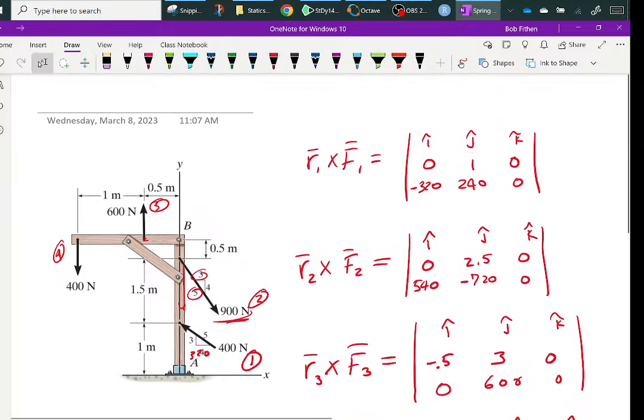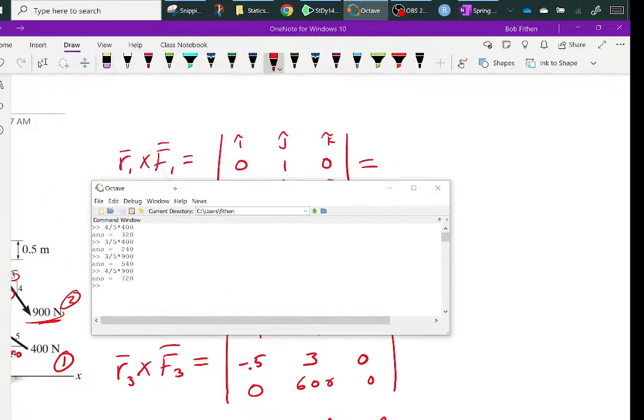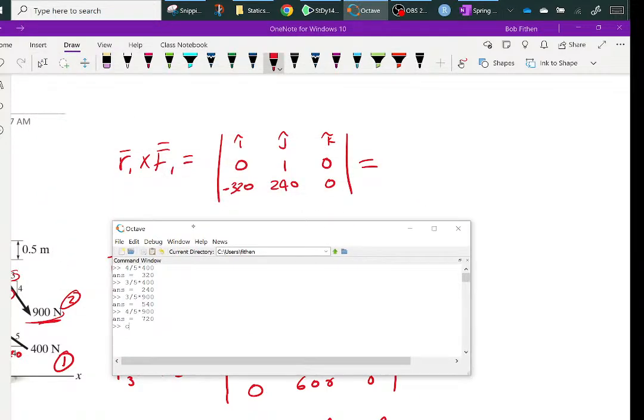So what I'm going to do is I'm going to make use of that cross thing in MATLAB, Octave, whatever you want to call it. So I'm going to do cross, and it's 0, 1, 0. And I'm crossing it with minus 320, 240, and nothing.